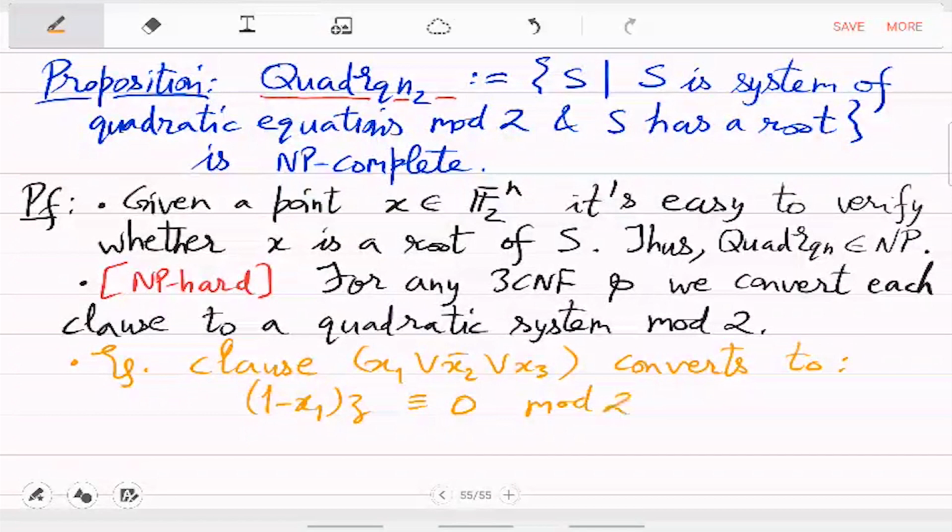So either there is a solution to this, which means that either x1 is 1 or z is 0. If z is 0, then we have to rely on the remaining part, which is x2 bar and x3. So we write it as 1 minus x2 times 1 minus x3.